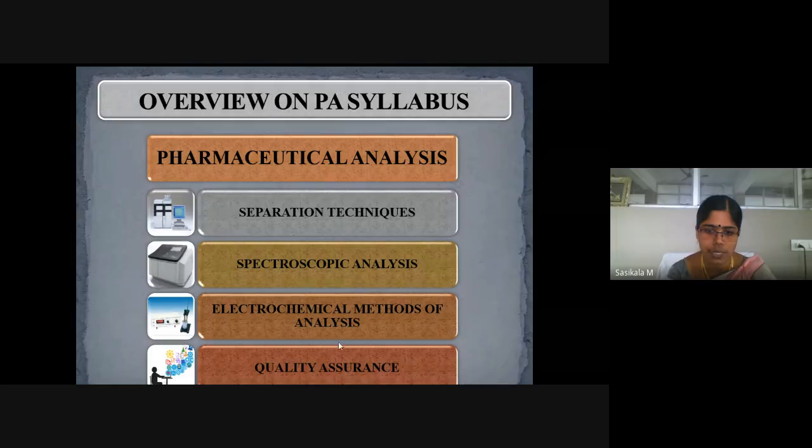Then quality assurance guidelines. To perform these quality control methods, what standard guidelines are given under quality assurance to get 100% quality of the drug product before administering to the patient. So the things that are covered under pharmaceutical analysis we will be discussing. So these are all the four broad categories.